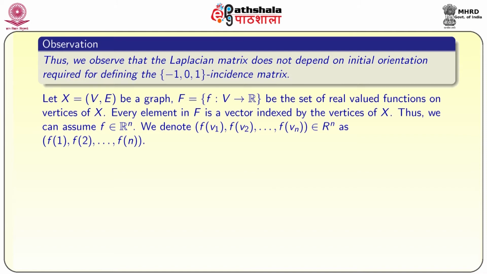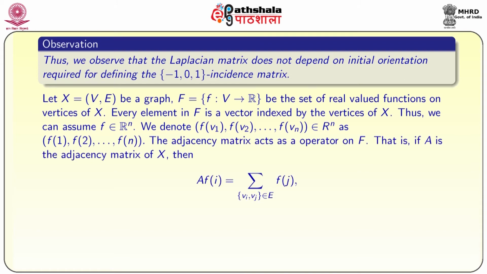We denote f(v1), f(v2) and so on, f(vn) belongs to R power n as f(1), f(2) and so on, f(n). That means, we can think of f as a mapping from 1, 2, 3 and so on n to real numbers.